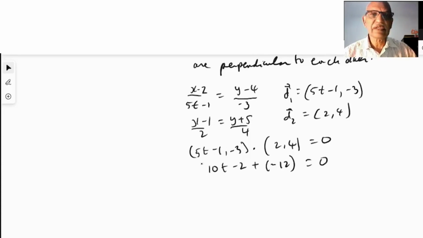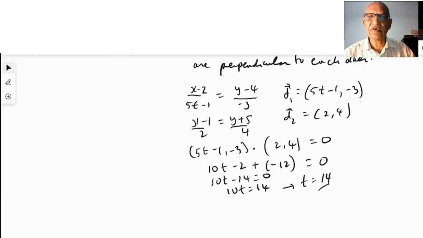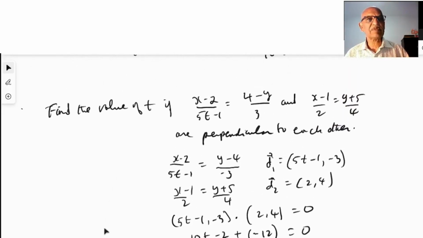So now we have 10t minus 14 equal to 0. Therefore, 10t equals 14 and t equals 14 over 10, or 7 over 5. That's the value of t. Okay, that's our typical examples of this.